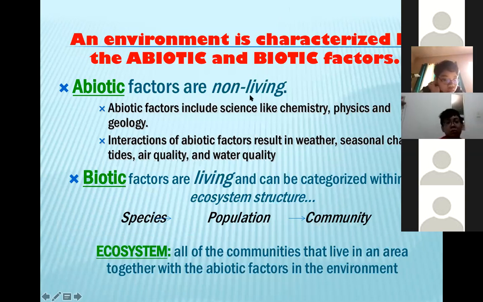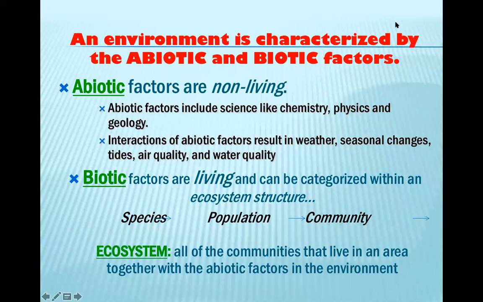So in the instruction earlier during the 9 o'clock activity, I told you to categorize your list of 20 things, and categorize them as abiotic if they do not have life, because abiotic factors focus on the non-living components of an ecosystem.